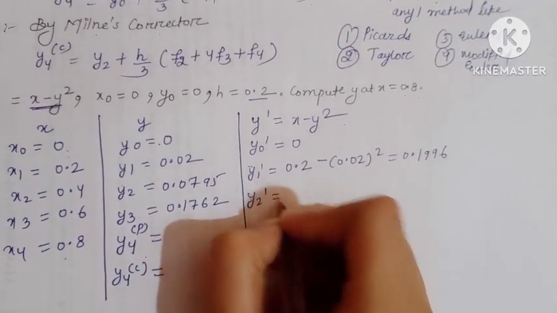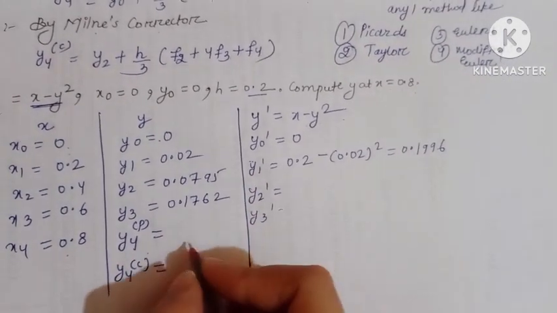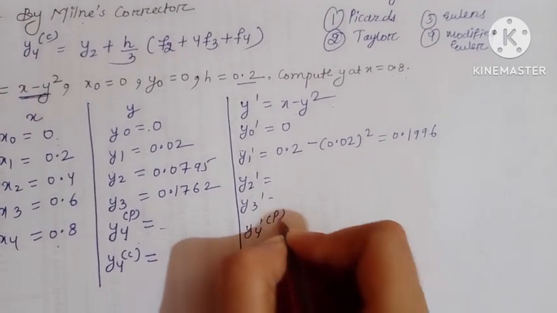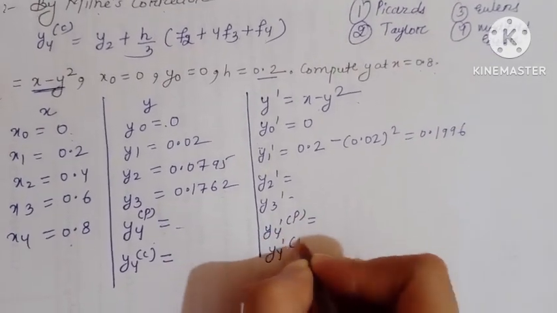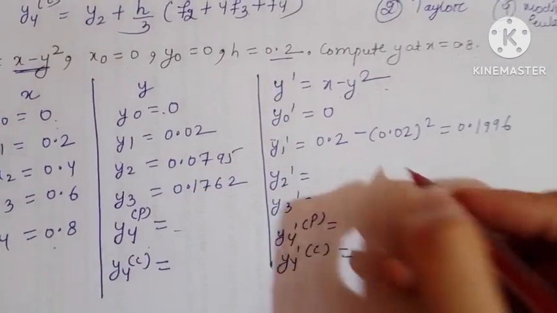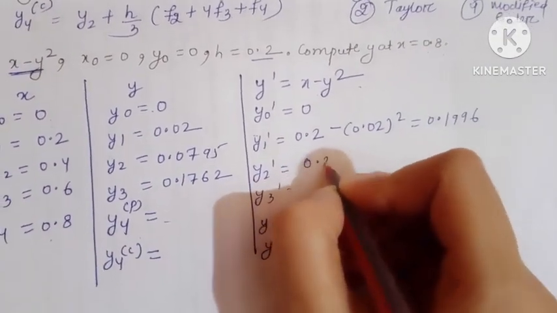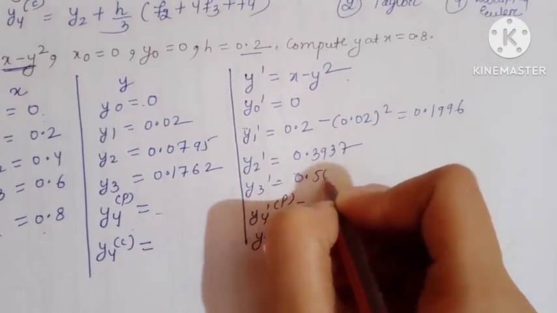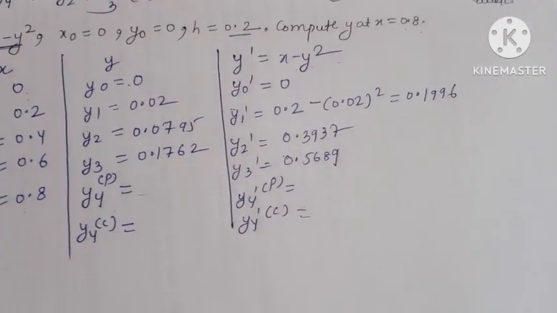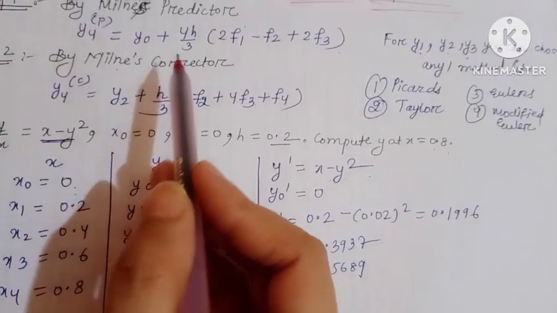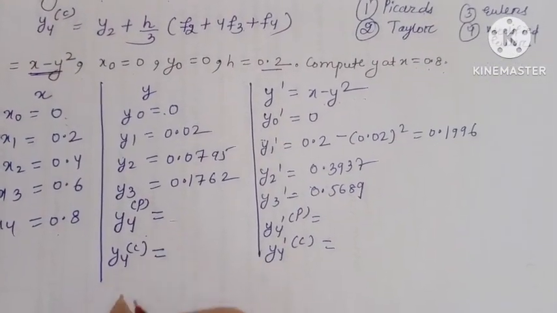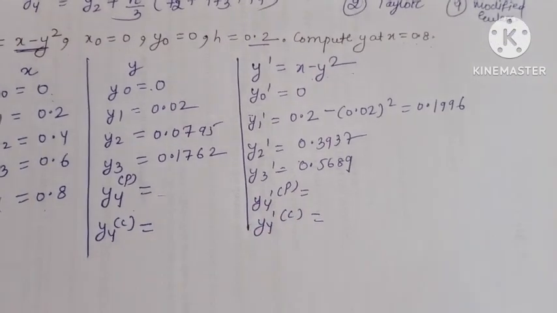Like this you will find y2 dash, y3 dash, then y4 dash for predictor and y4 dash for corrector. So y2 dash will be 0.3937 and y3 dash will become 0.5689. With the help of Milne's predictor and corrector, you will now find y4 and y4 dash.